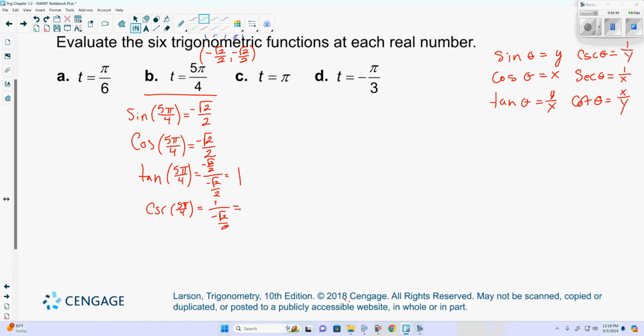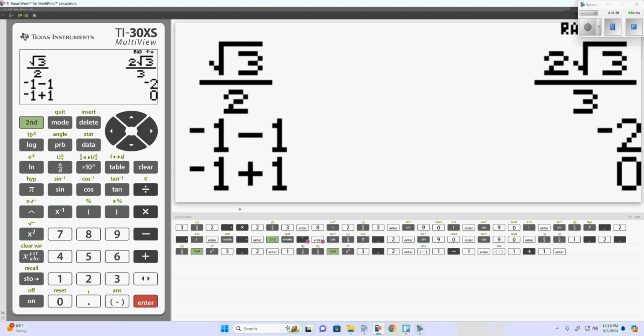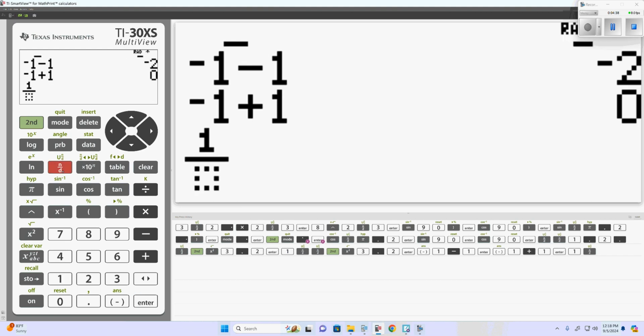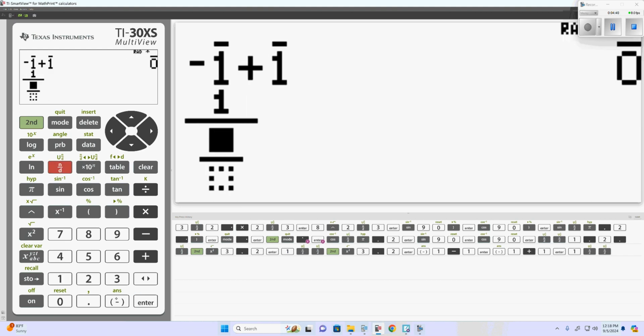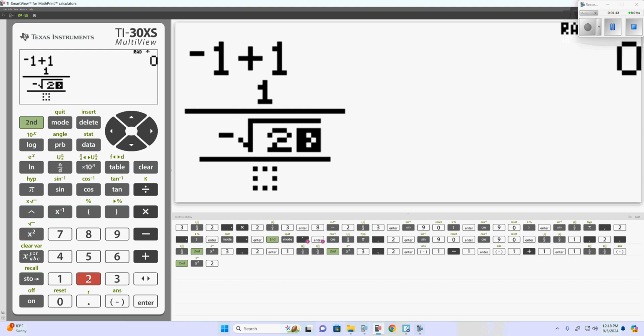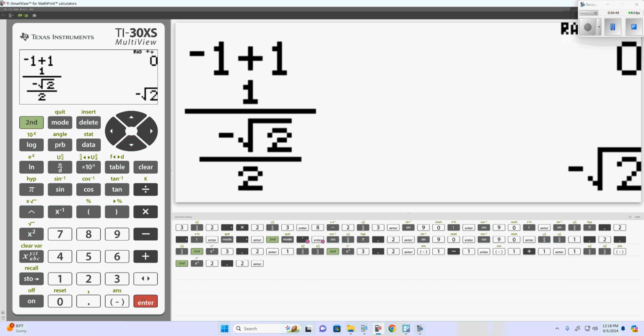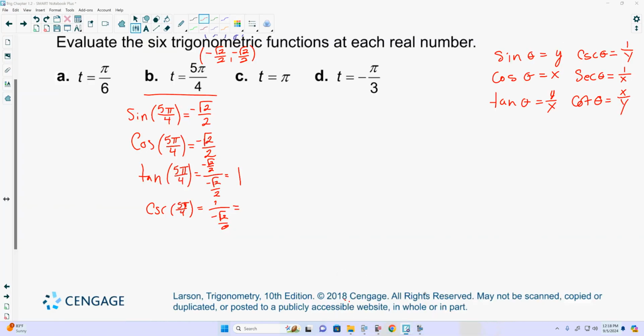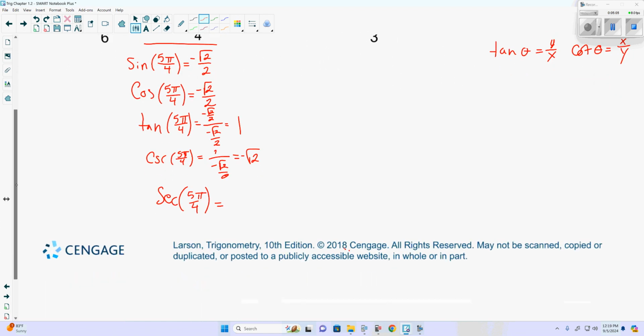So we can do it by hand, or we can let the calculator. 1 over the fraction negative square root of 2 over 2 is negative square root of 2. So our cosecant is negative square root of 2. Any questions on any of these so far?